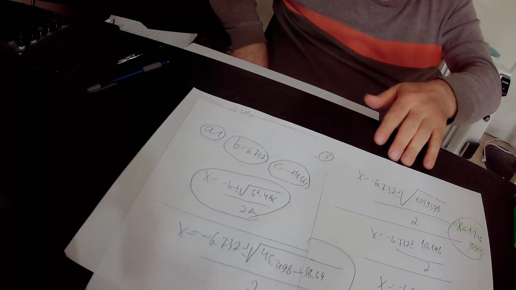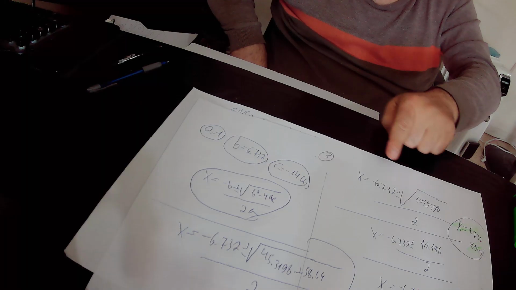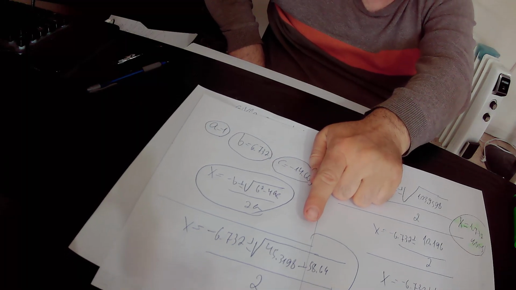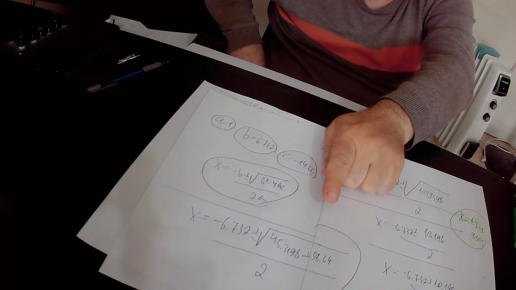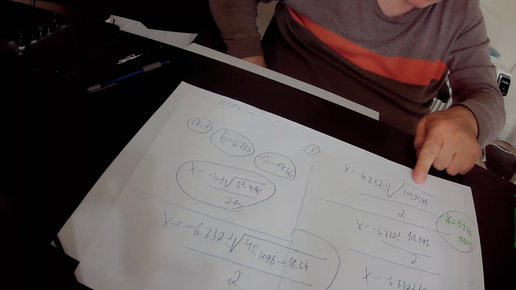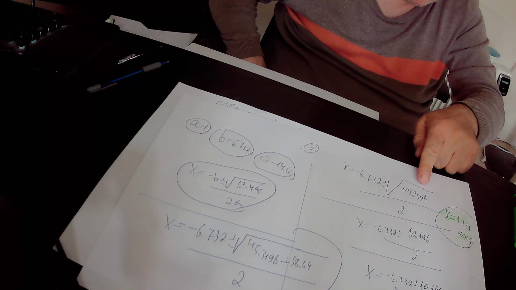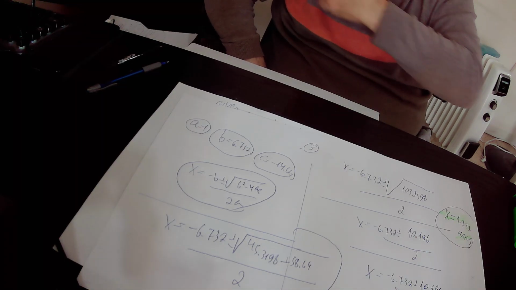So x equals minus 6.732 plus or minus, inside the root we have 45.3198 plus 58.64, that is equal to 103.9598, divided by 2.